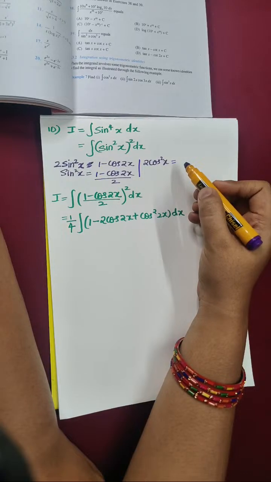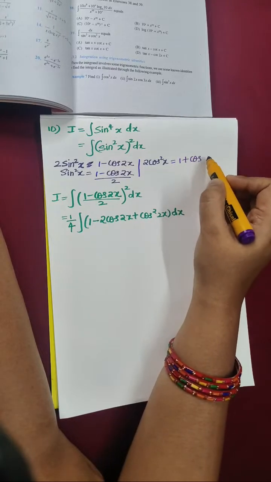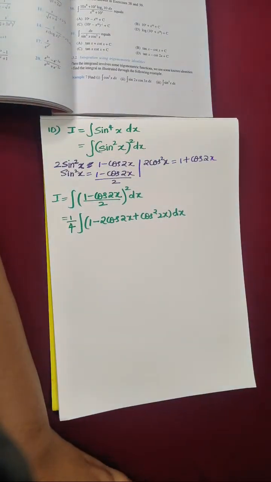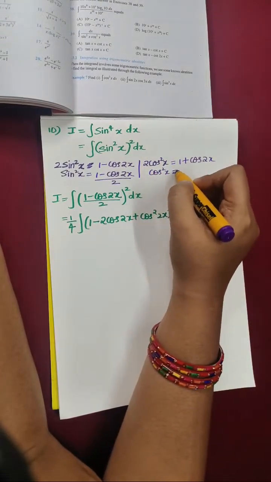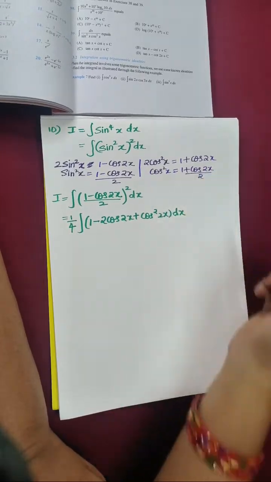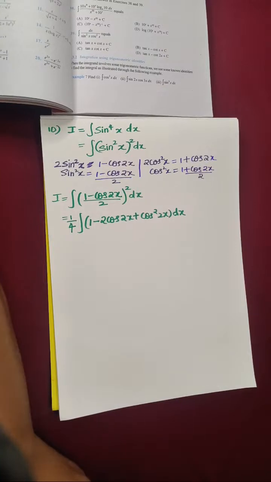Any guess? Very good, Nikita. 1 plus cos 2x. So now cos square x equal to, taking the 2 to the right side as by 2, 1 plus cos 2x the whole by 2. That we will replace here in place of cos square x.